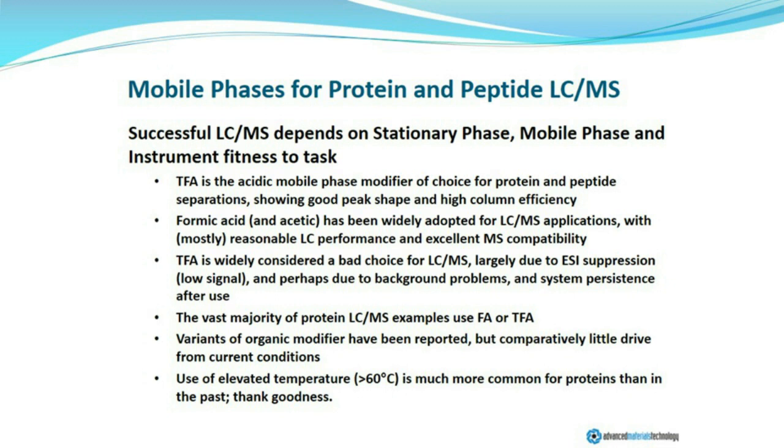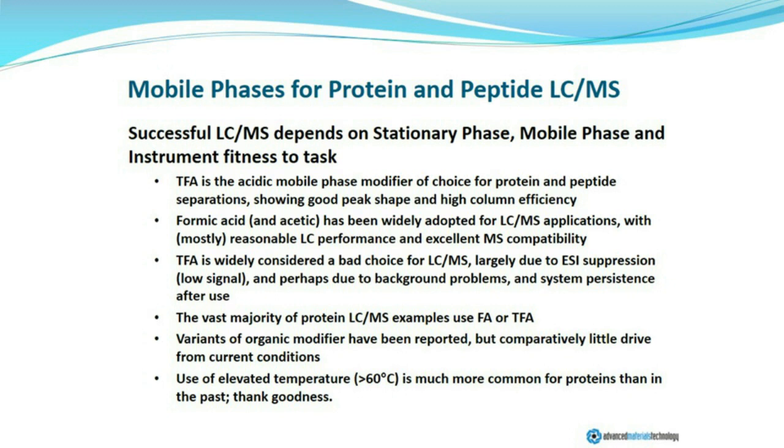There have also been various examples in the literature of modifying the other components of reverse phase separation, that is the organic modifier. And this is not an unimportant thing, but there has been comparatively little systematic analysis of how one might do that in order to optimize the separation.